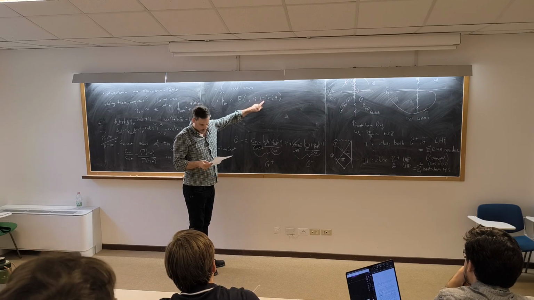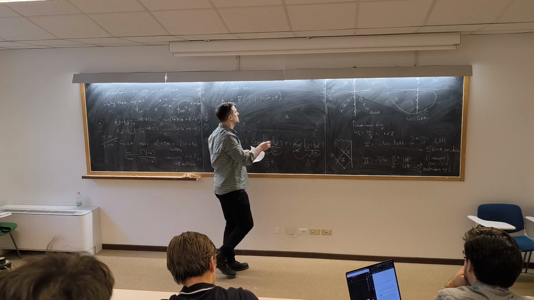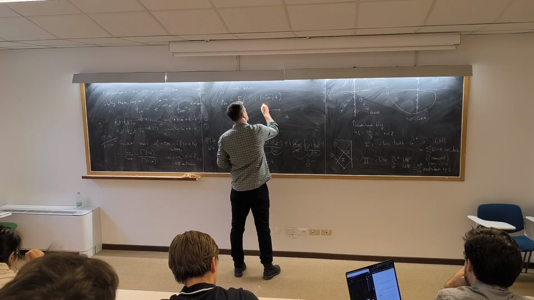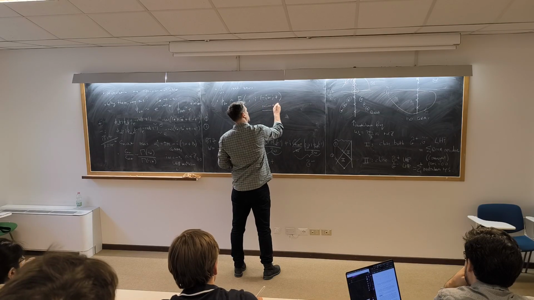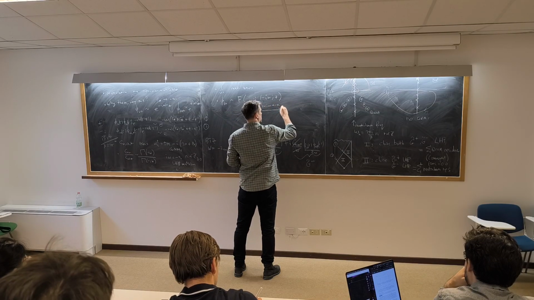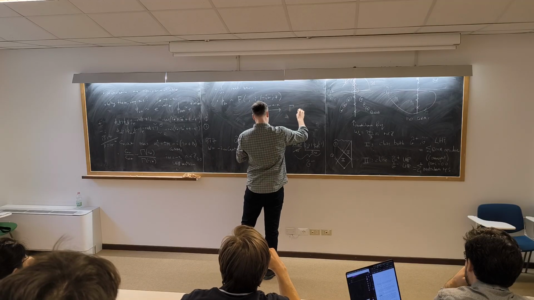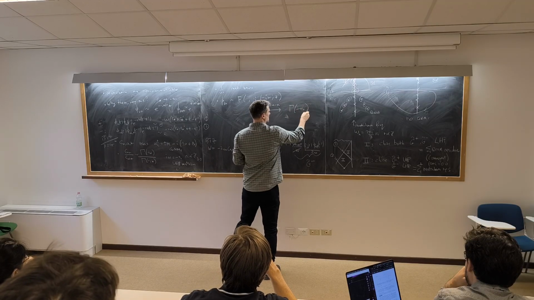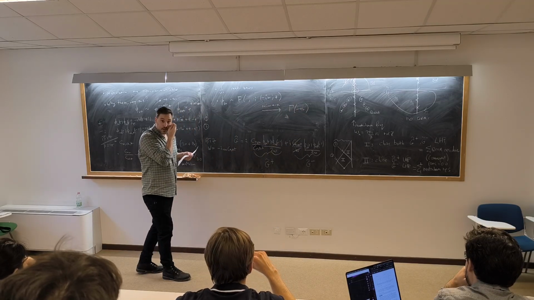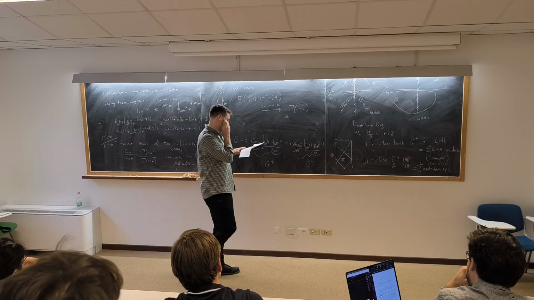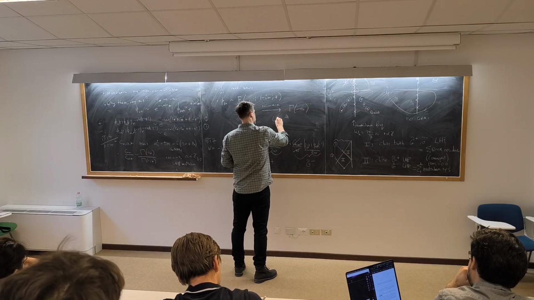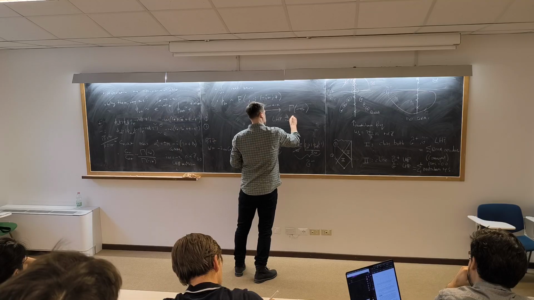So when 1 minus i omega goes to minus an integer, then this behaves like a gamma function, gamma of minus that integer. So that's where the lower half plane Matsubara comes from.